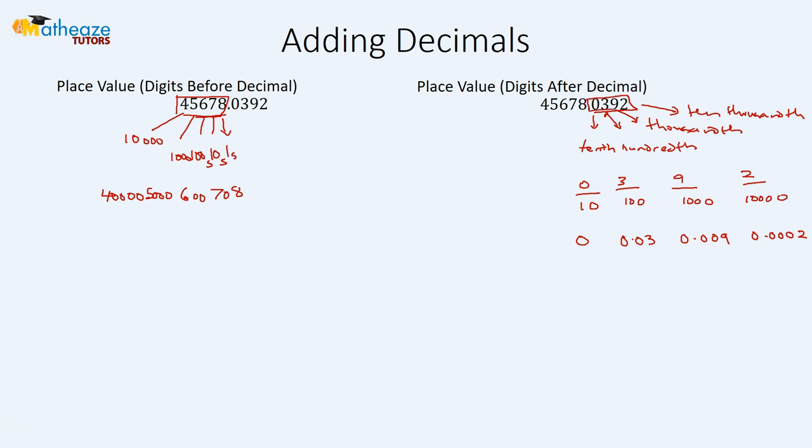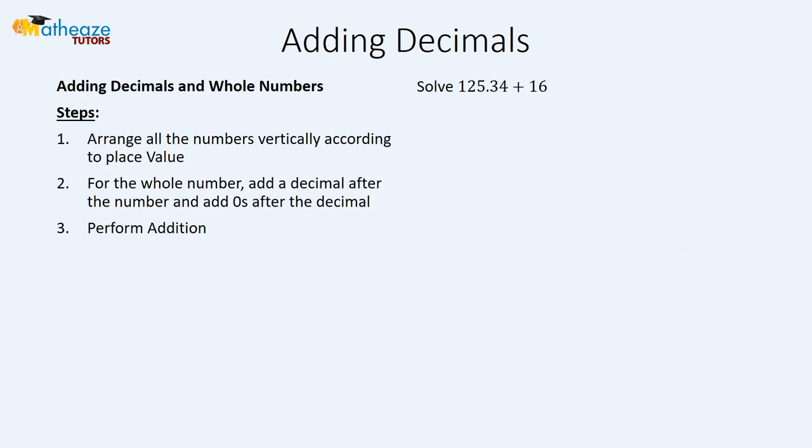Now let's see how we can apply that in adding decimals. So when we add decimals with whole numbers, we're going to arrange the numbers vertically according to place value. So let's look at this right here, 125.34. Now we're saying we're going to add them vertically, so I'm going to put a plus sign here.